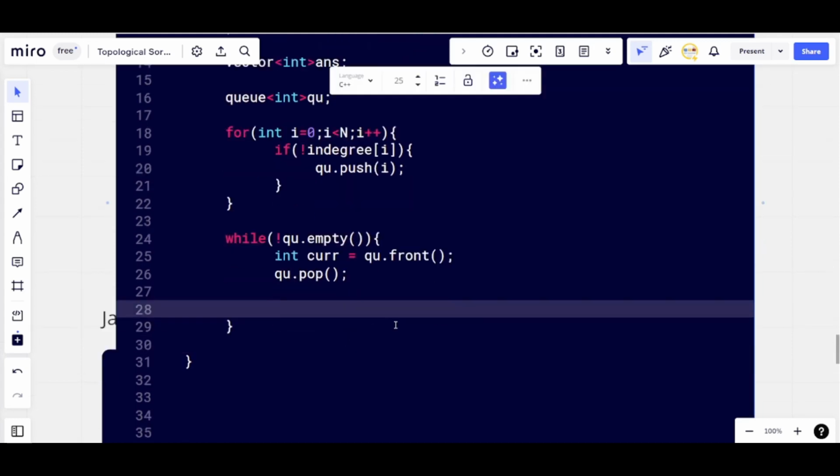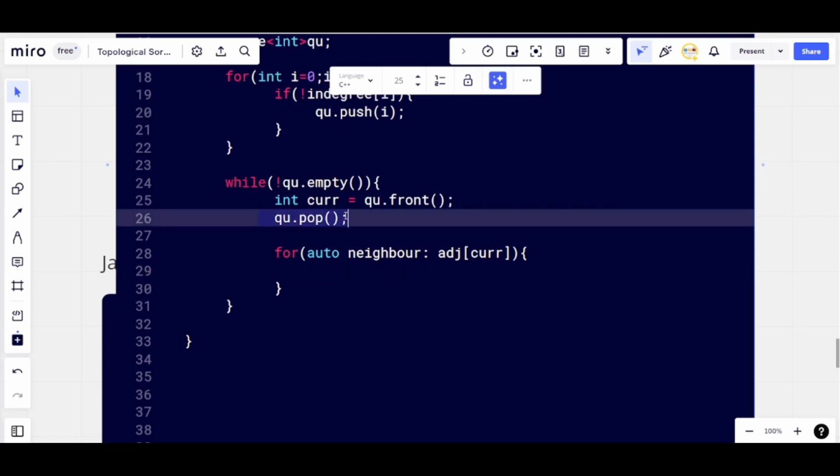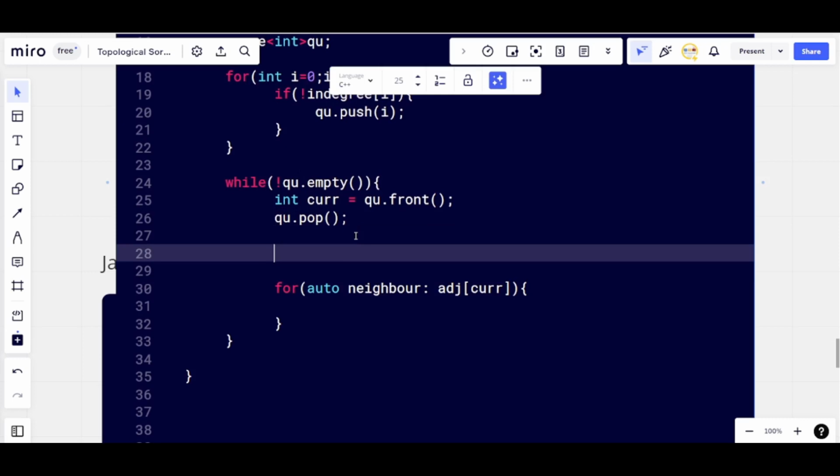Then I'm going to iterate over the neighbor nodes for this given adjacency list. Since I'm popping this node out, I have to push it into the answer array, because this has in degree 0. So I will push this current node into the answer array.